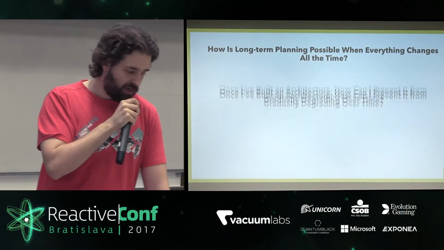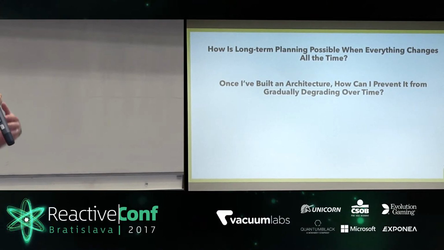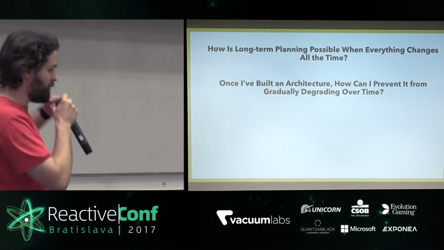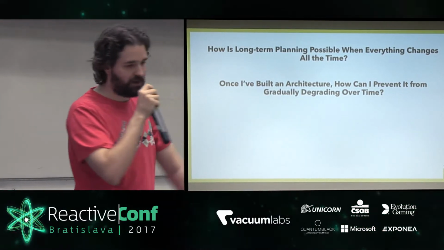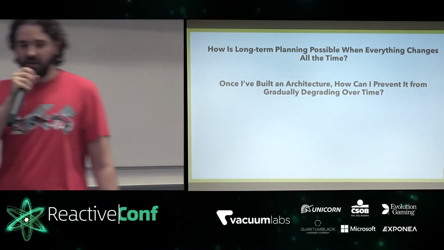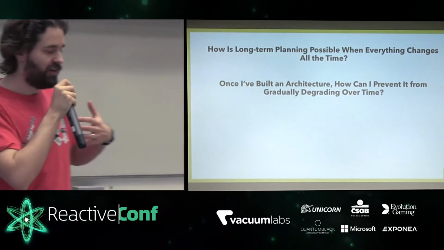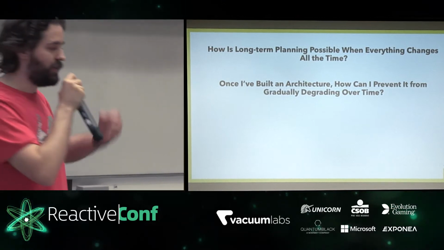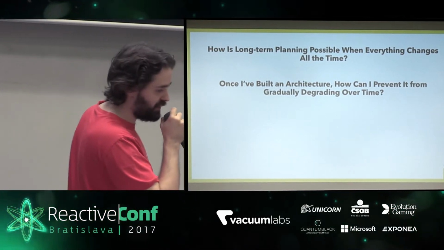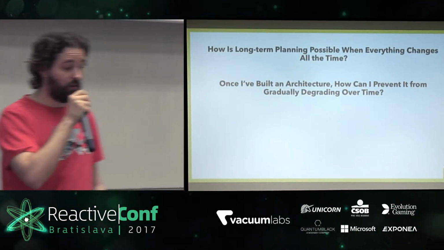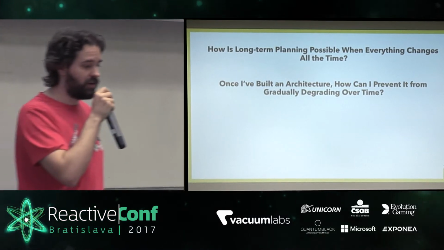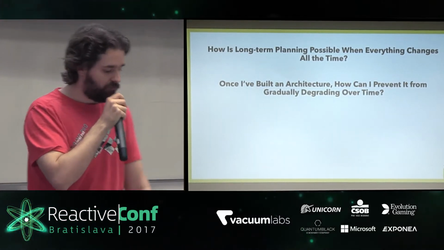So another question, maybe if you are not already struggling, you already define some architecture for your project. You still may be wondering whether you are going into the right direction in the long term. Your architecture may be actually degrading over time.